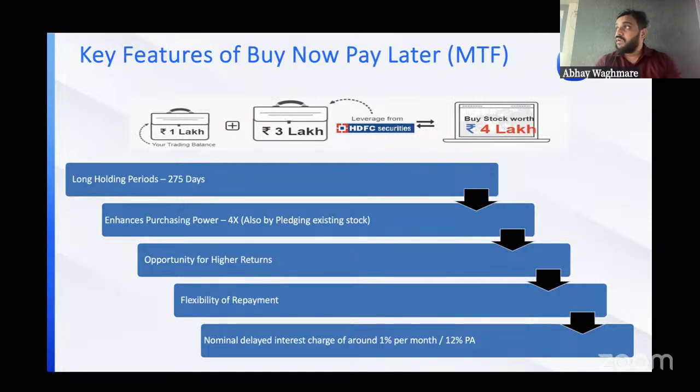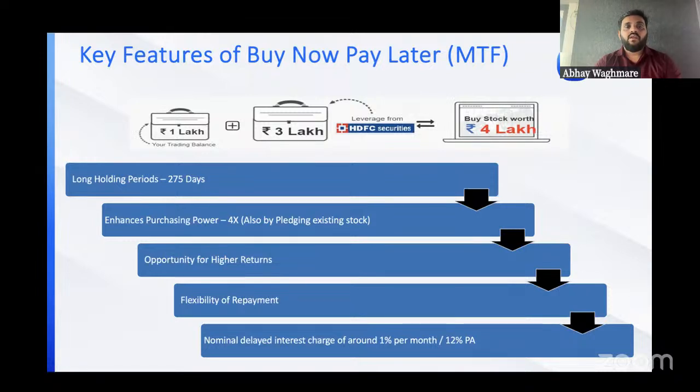Now, coming to the interest point, first of all, I would like to mention that it is very, very competitive in the industry. If you look at other brokers, the interest rate varies from 14% to 16 to 18%, from broker to broker. But at HDFC Sky, we are offering MTF at 12%, which is a very competitive rate in the market today.